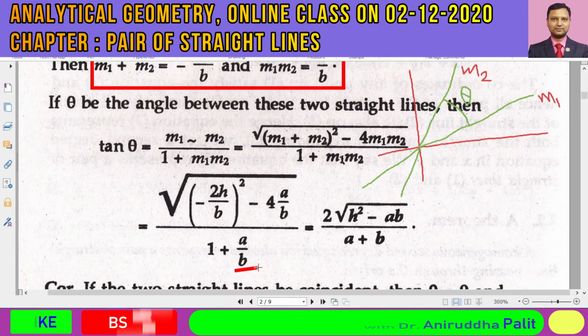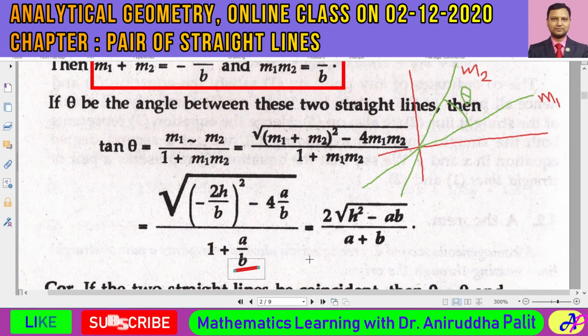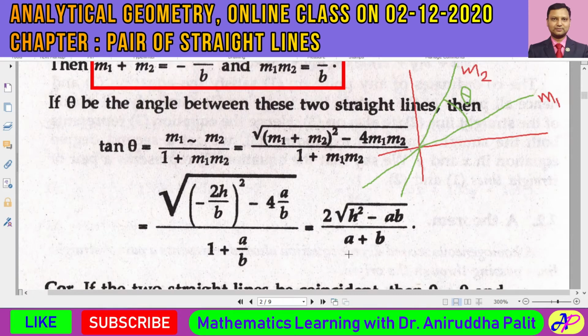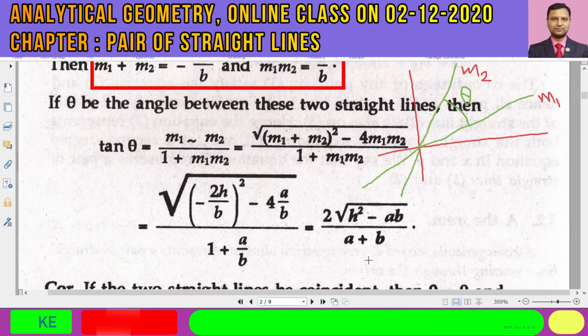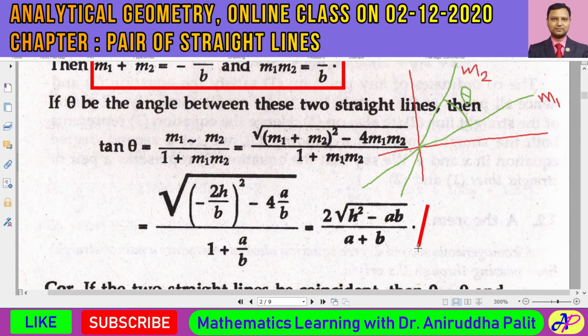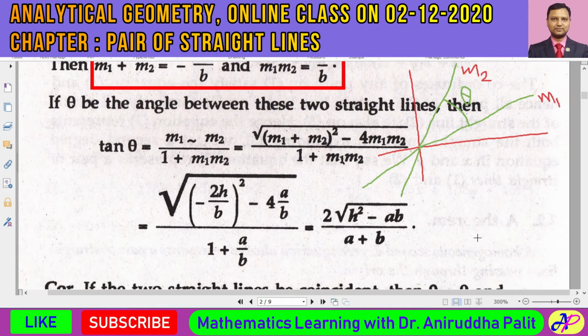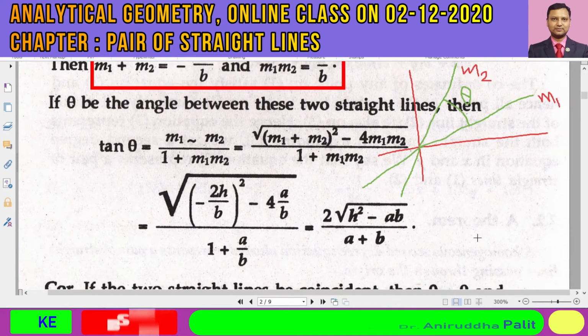So over here again we are applying M1 M2 is equal to A by B, and afterwards it's a matter of a little manipulation, and if you manipulate all of them you will observe that the total result ultimately becomes 2 into root over of H square minus AB divided by A plus B. So try to remember this result by heart at least.